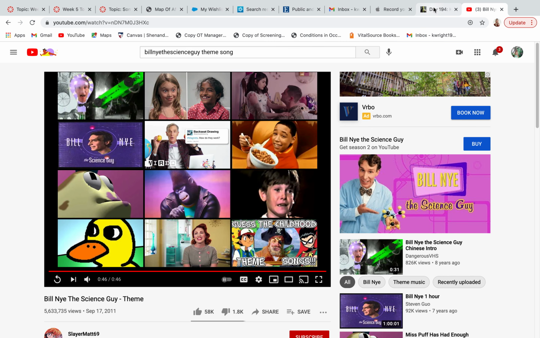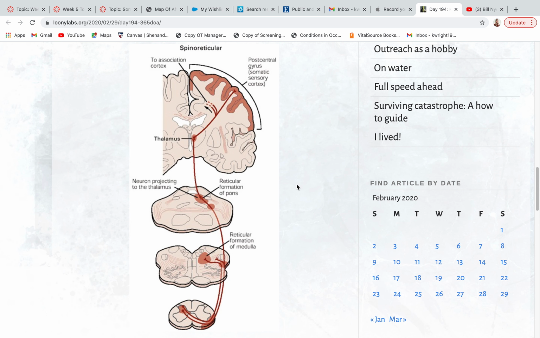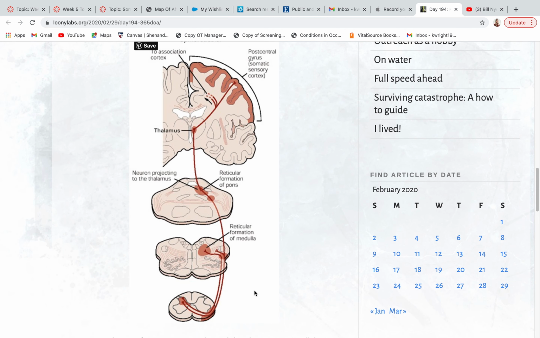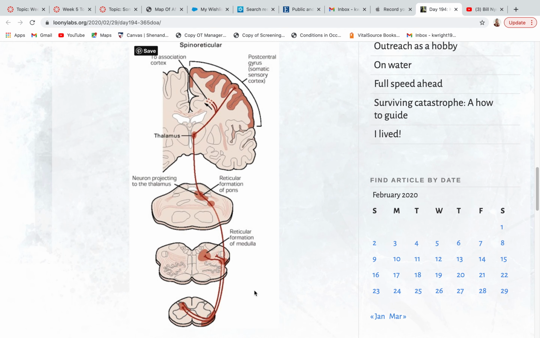Alright, so in order for you guys to get a better understanding of these tiny little neurons in your brain, I have a little picture here that shows the anatomical organization of how this tract works. So down here we have these little red lines, and this is actually the pathway that the spino-emotional tract will take.